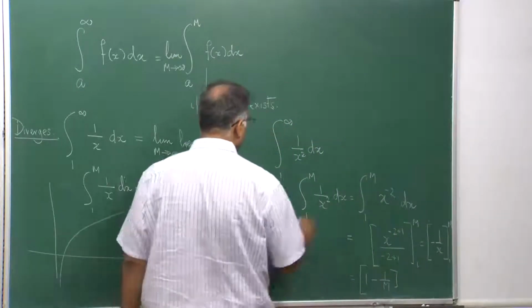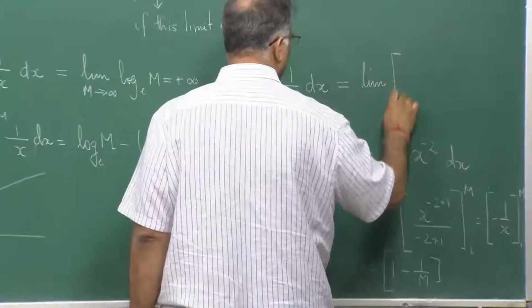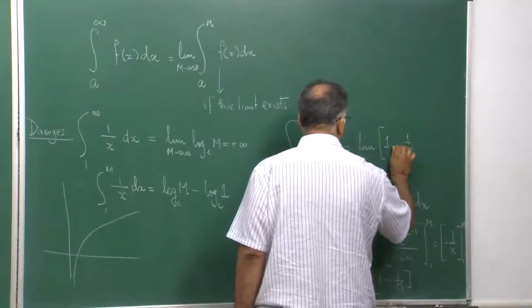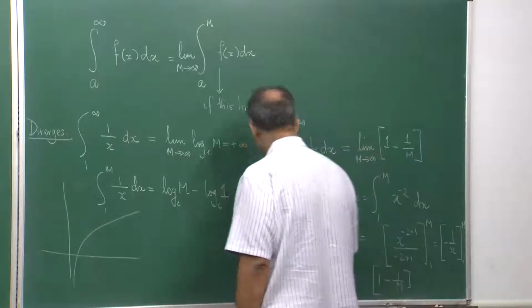So, what is the limit? Now, if I want to define the limit of 1 minus 1 by m as m tends to infinity, what is that?